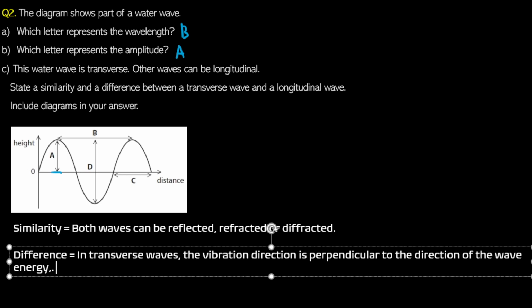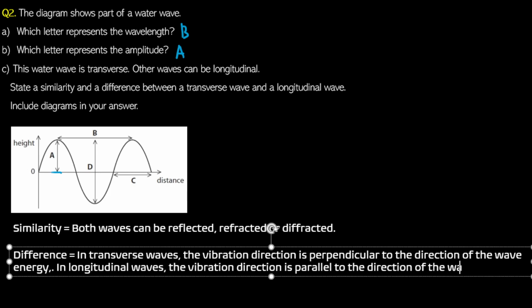And in longitudinal waves, we can write the opposite. In longitudinal waves, the vibration direction is parallel to the direction of the wave energy. That sums up the difference and similarity between transverse waves and longitudinal waves.